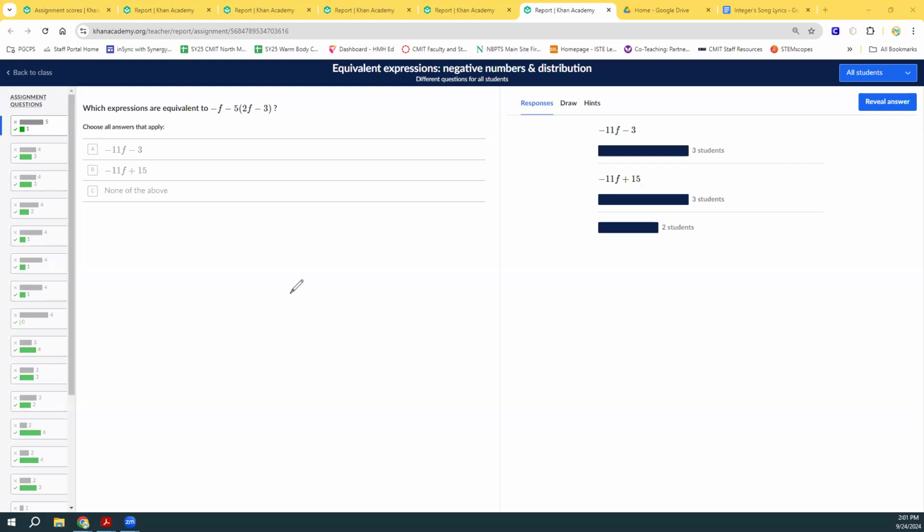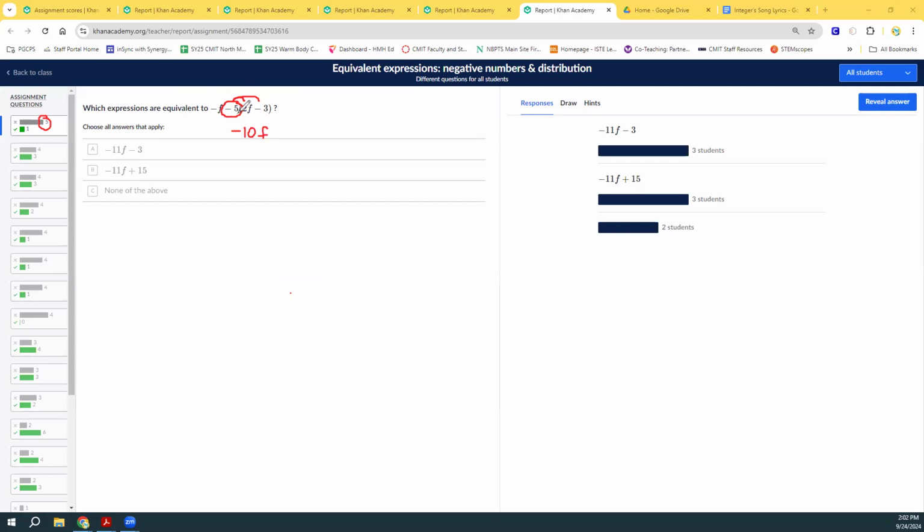Okay, last assignment. Which expressions are equivalent to negative f minus 5 times this guy? So remember, a lot of people got this one wrong here. The reason is probably because they didn't think of this as negative 5. So it is negative 5. So that's going to be negative 10f.